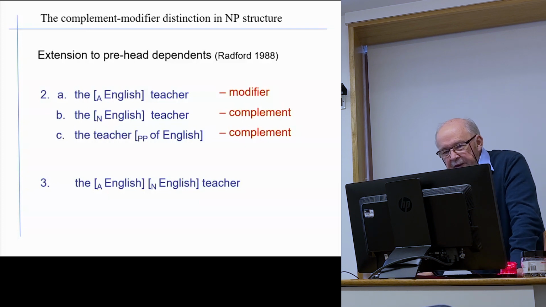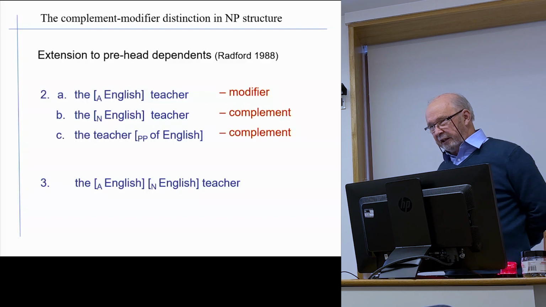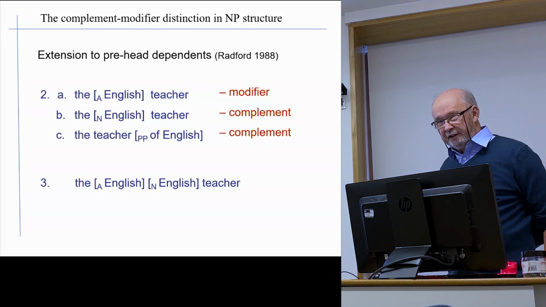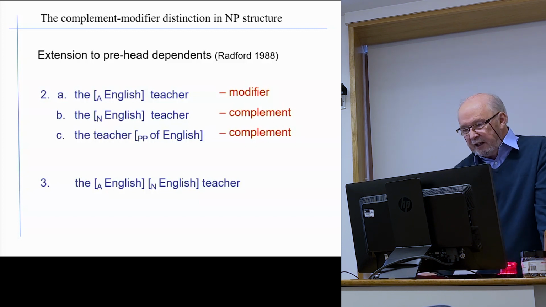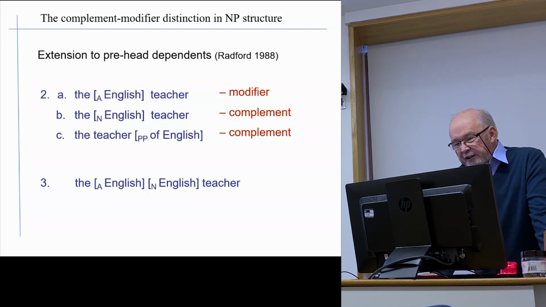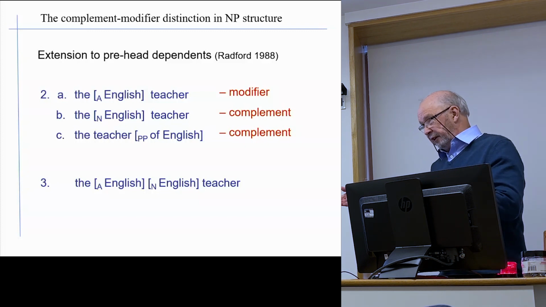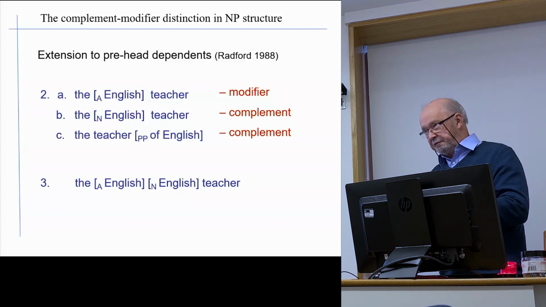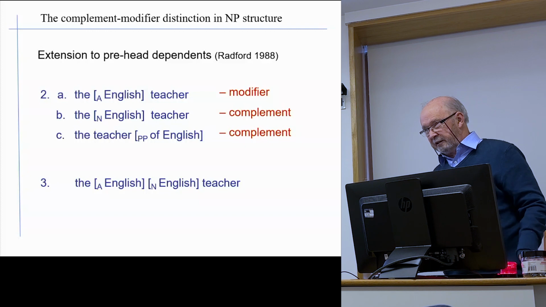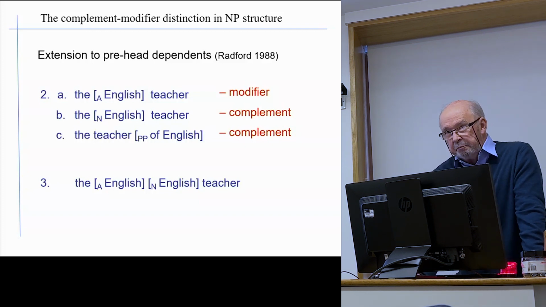Okay, that was extended to pre-head dependents, I think by Andrew Radford in 1988, although I'm not totally sure about that. So we had examples like the English teacher, where it's a modifier, where English is basically the nationality. Or we had the English teacher, teacher of English, where it's English the language. And both of those would be complements.